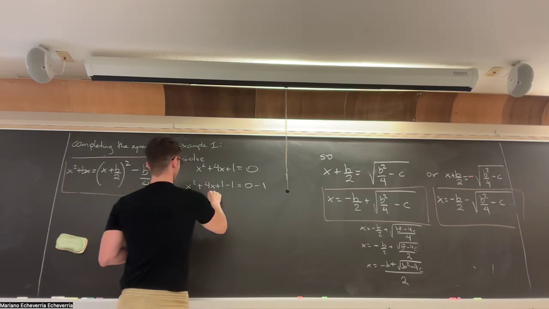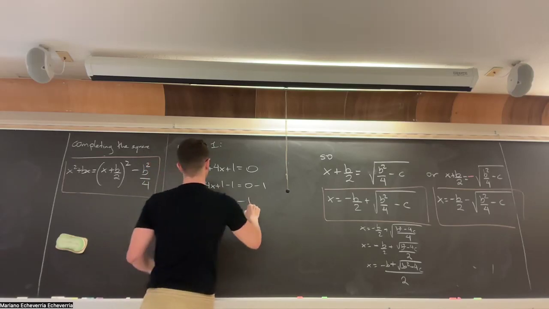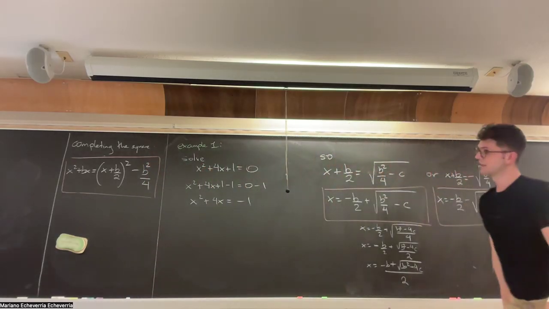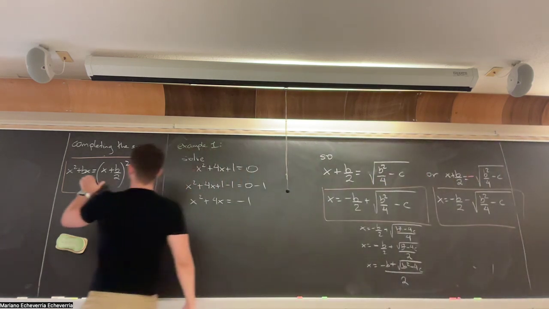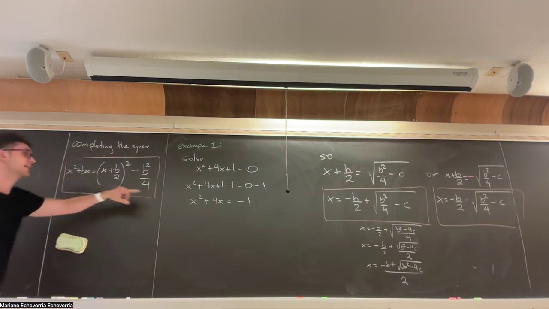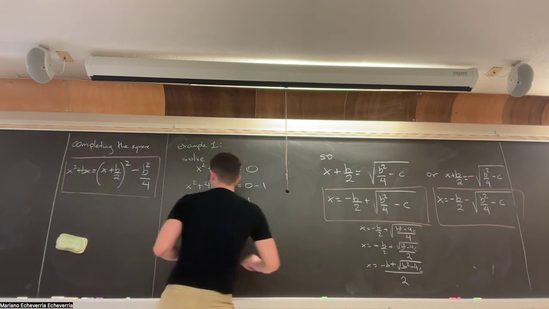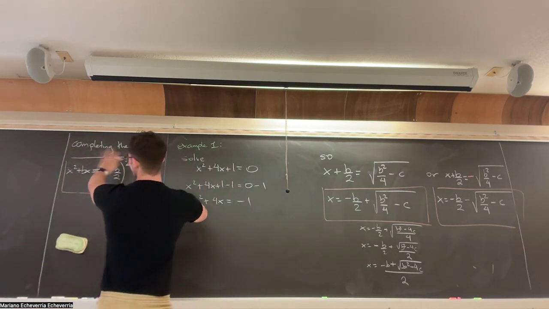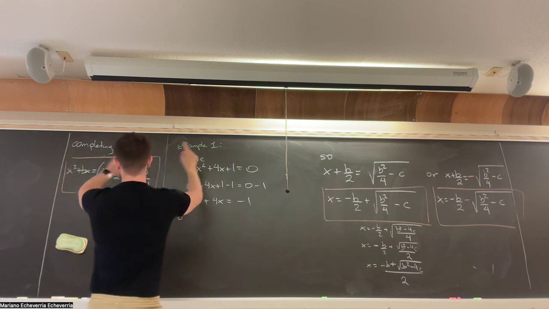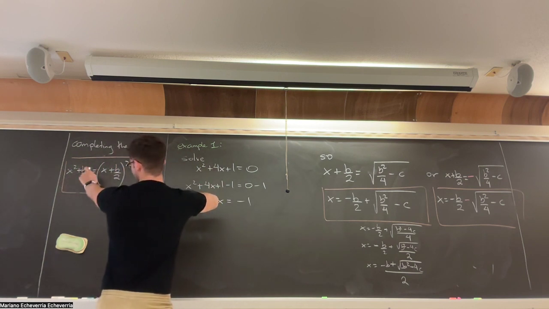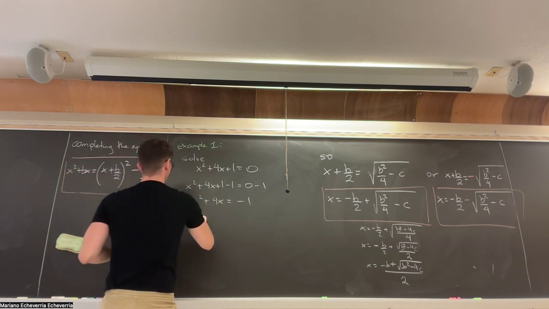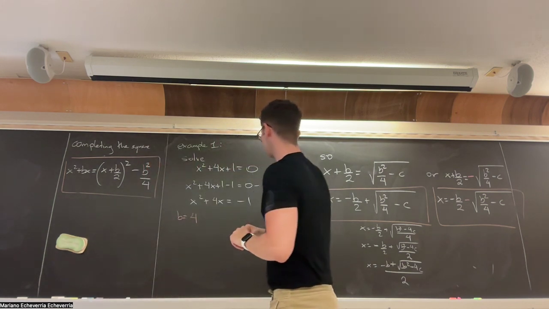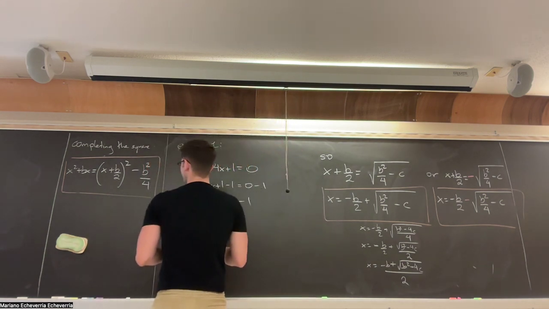So you get x squared plus 4x equals -4. And this is already in the same format as this one, just that b happens to be 4. I will keep this erased throughout the class, because for all the problems we'll do today, this will be the reference equation. So b equals 4 here, which means that b over 2 is 2.